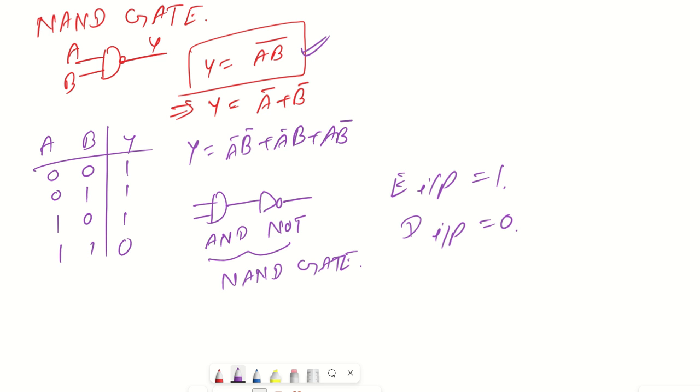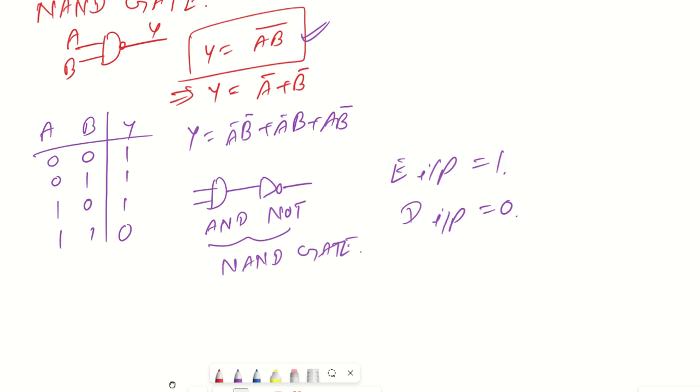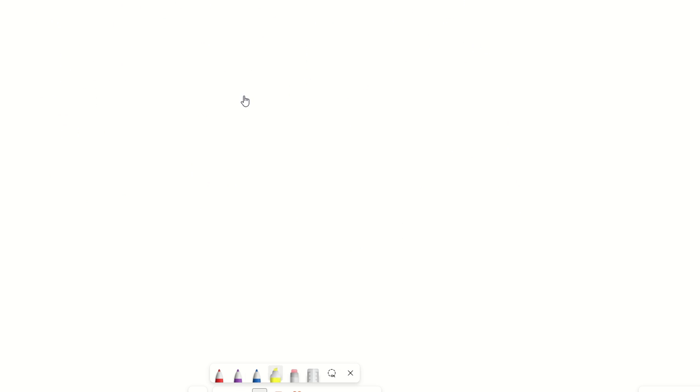Now let us talk about NOR gate. Since we have talked about AND, then NAND, then OR, now the opposite of OR will be NOR. This is the symbol for NOR gate, the opposite of OR gate.